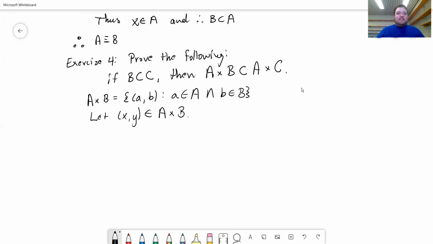Well, if this is the case, then x is an element of A and y is an element of B. We know this by definition.